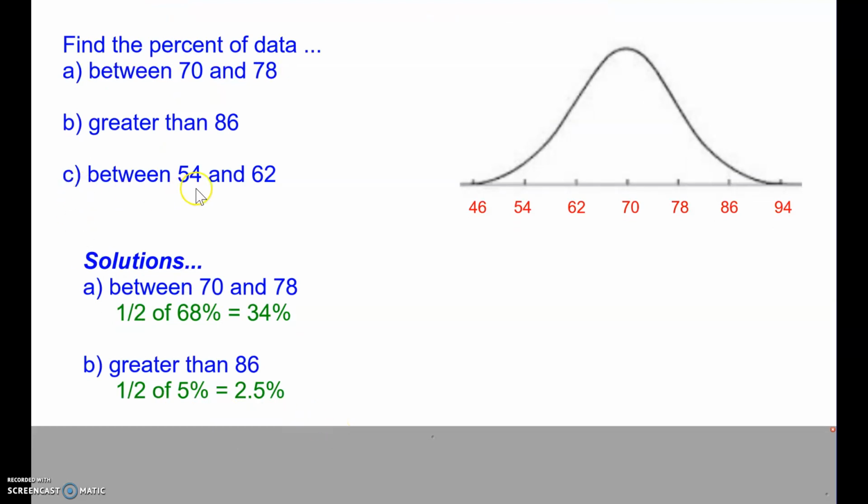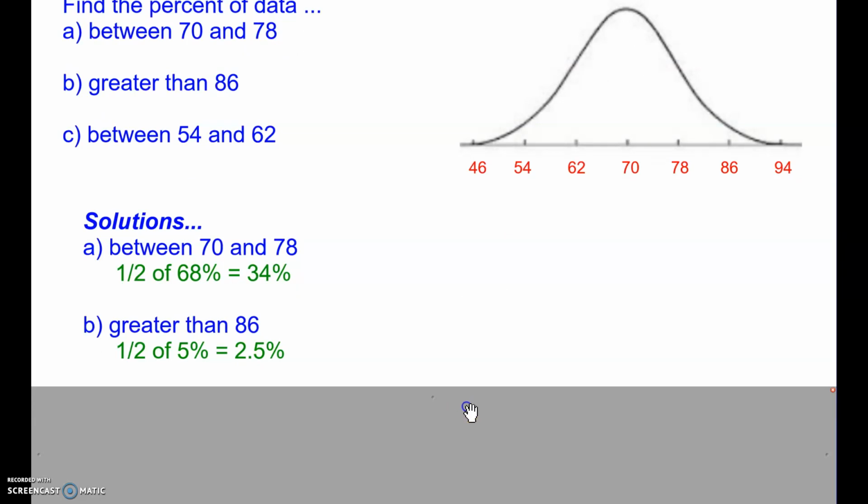Now what about the between 54 and 62? This is the toughest one. All right, so here is 70, that's my middle, median. 54 is 2 standard deviations below. 62 is 1 standard deviation below, and I'm only looking at what's between those, and I'm only looking at half of that.